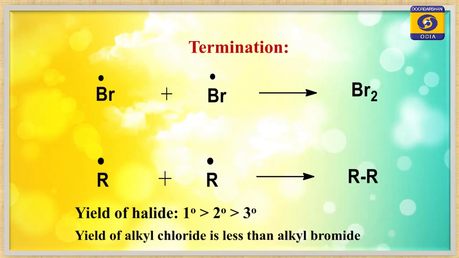As you know, in a free radical reaction there are three steps: initiation, propagation and termination. Termination means when the reaction is going to end. At that time the free radicals recombine, just like here Br dot combines with one more Br dot giving a Br2 molecule, or R dot combines with R dot to give an RR molecule. RR means alkane.